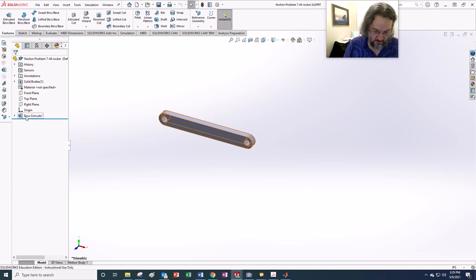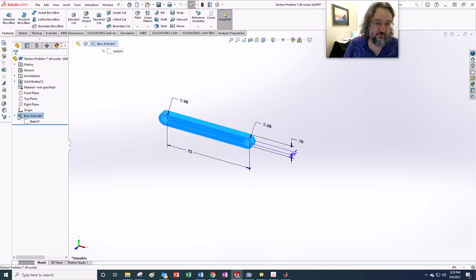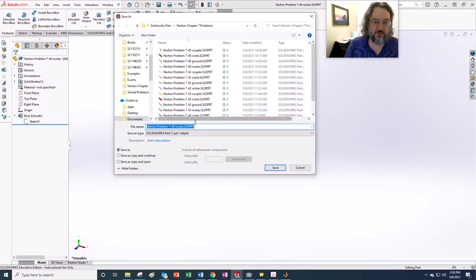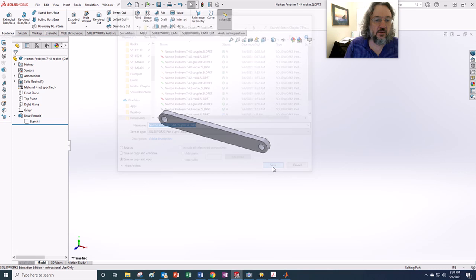And the rocker is 0.85. And then the next one is going to be the coupler. Make sure we have save as and open. Yes.